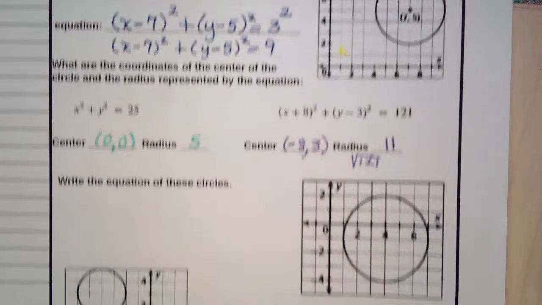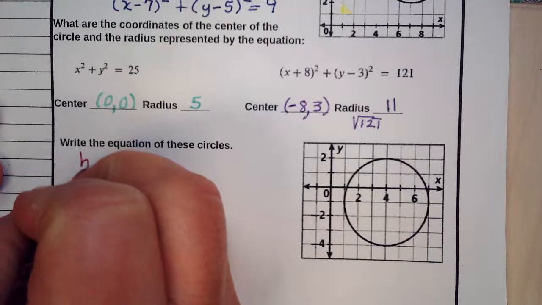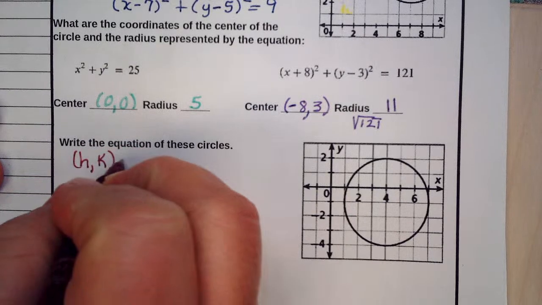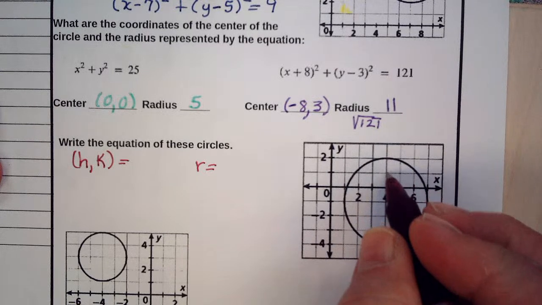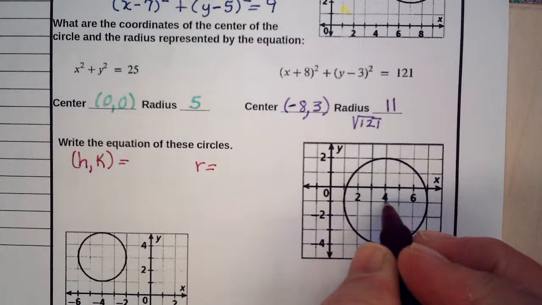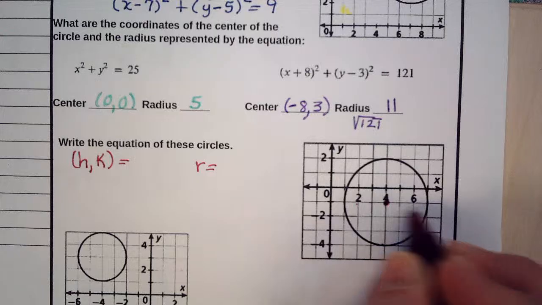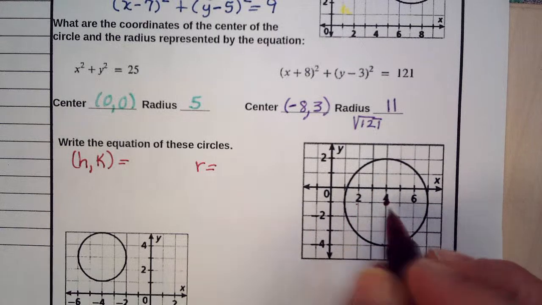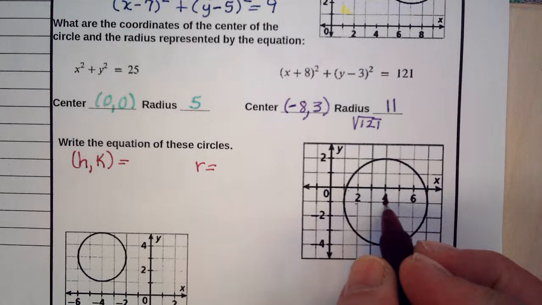Okay, we're going to write the equations of these circles. Step 1, we have to find the center. So if I'm looking, I'm going to count 1, 2, 3, 4, 5, 6. So half of 6 is 3. If I'm looking at this, it's 3, 3, 3, 3. So the (h, k) will be (4, -1).